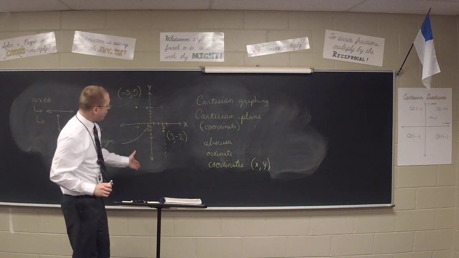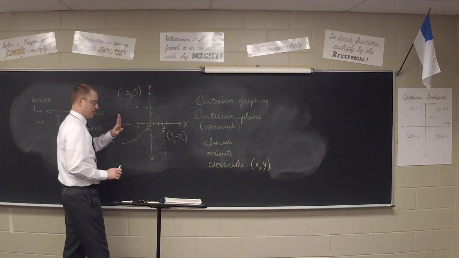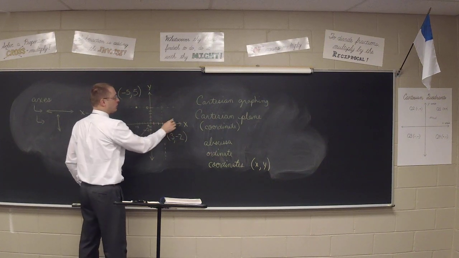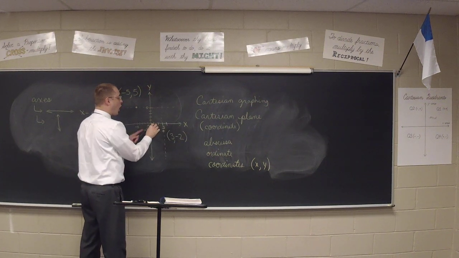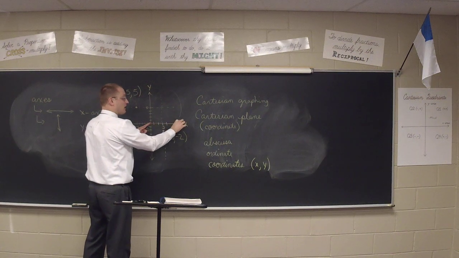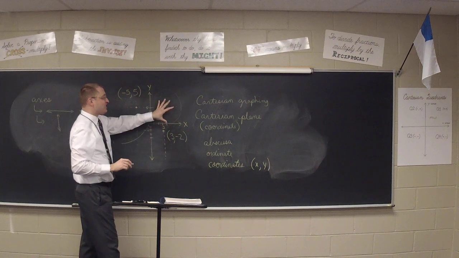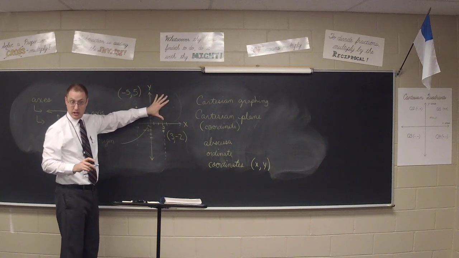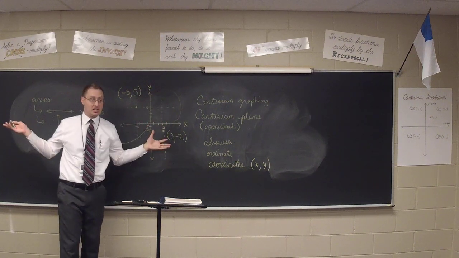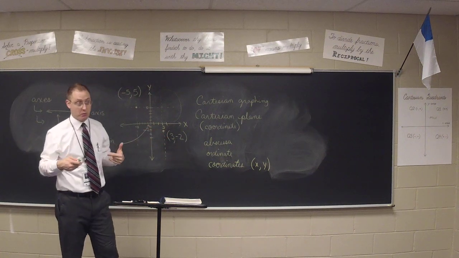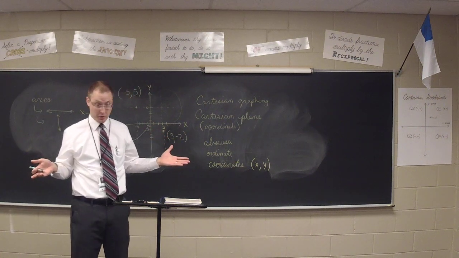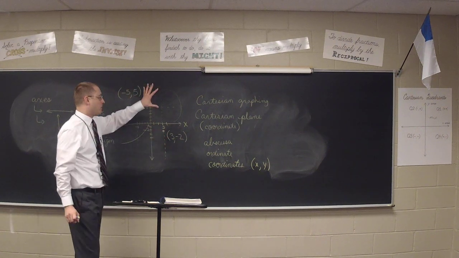Now, the Cartesian plane is divided into 4 sections. Notice that this first section here, all the abscissas will be positive, all the ordinates will be positive. This is the main section, if you will, because everything's positive. And let's face it, given the choice, we would always rather deal with positive numbers, would we not? So this is what I call the main section.